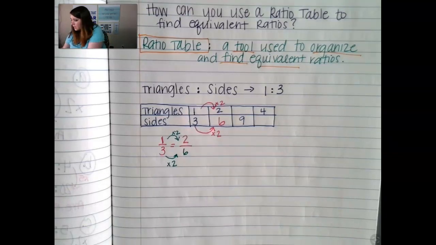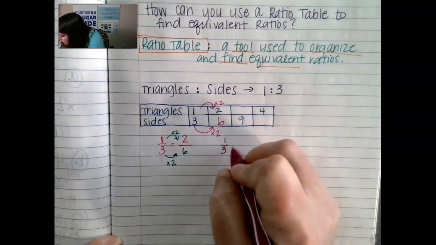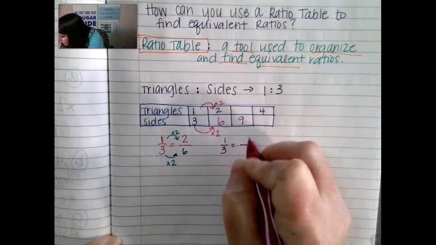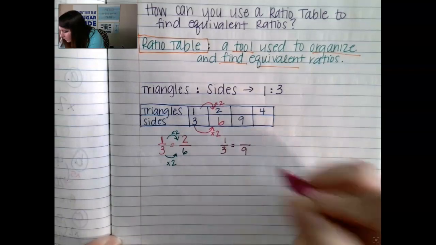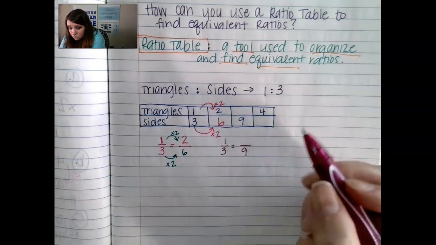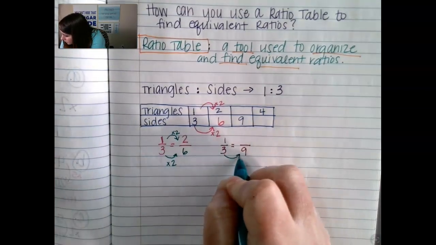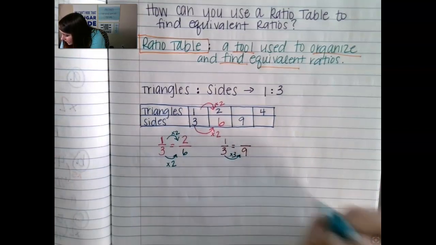So to get from 3 to 9, let's say I had 1 over 3, and I need it to equal something over 9. I can figure out how to do the change. So if I go 3 times 3, I get 9.